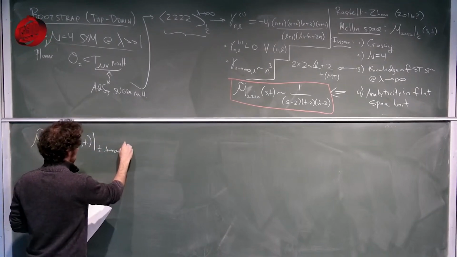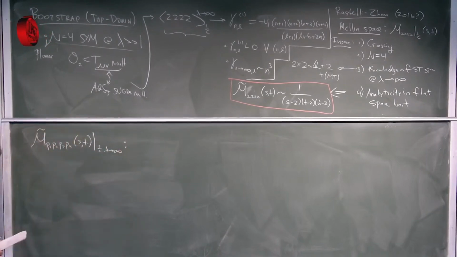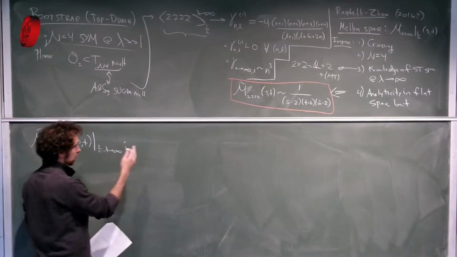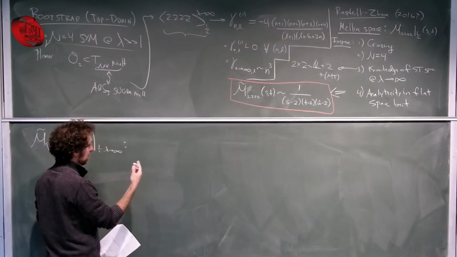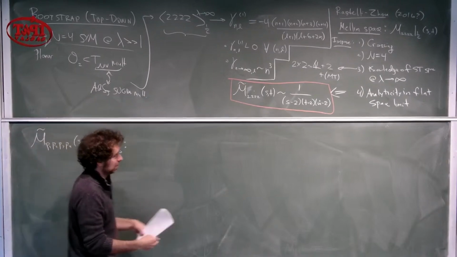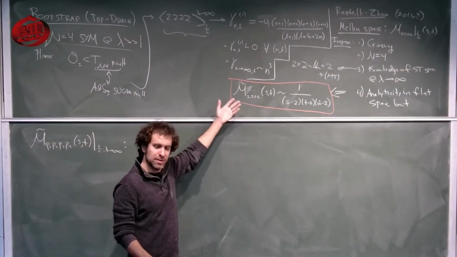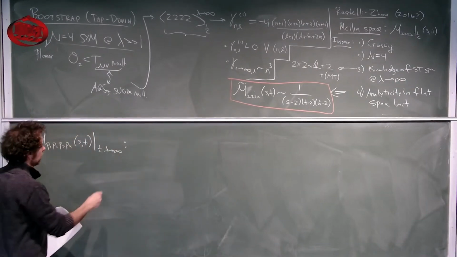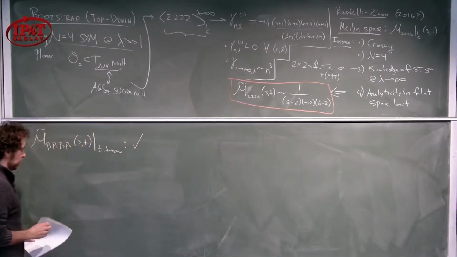There's some formula for this, which I perhaps should have copied so I could write it down, but it involves some sum. This was first made as an ansatz, I guess, by Rastelli and Zhou. I mean, this also was, let's say, guessed or inferred from the set of bootstrap constraints, not strictly proven. Okay, so there's a formula for this.